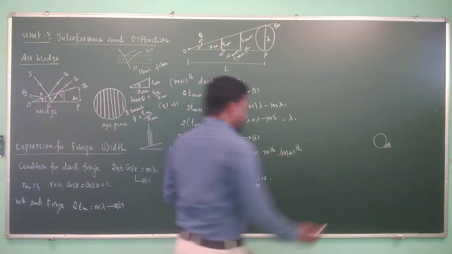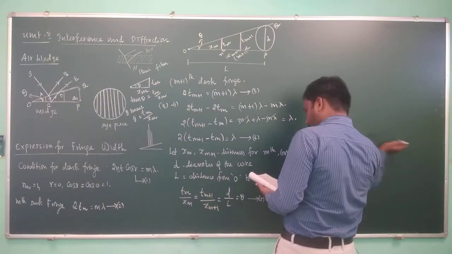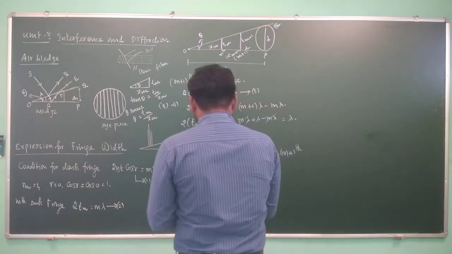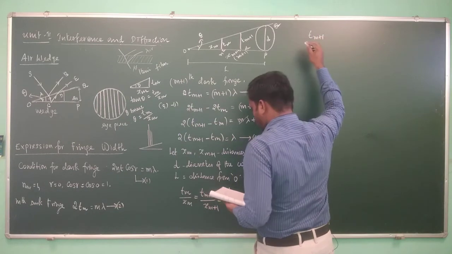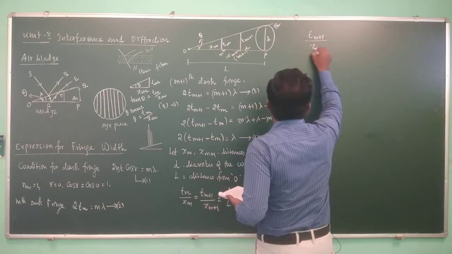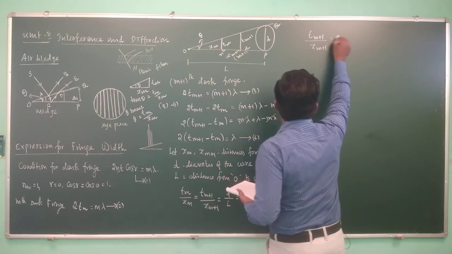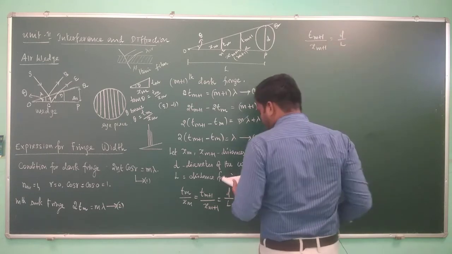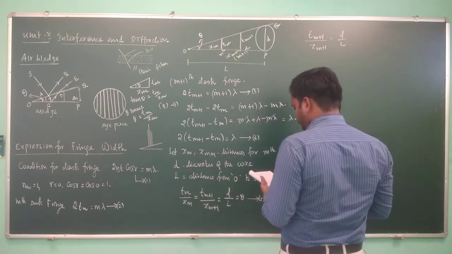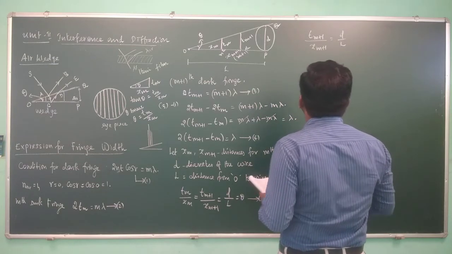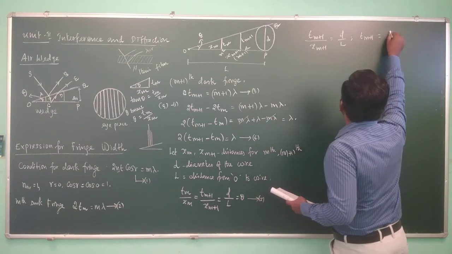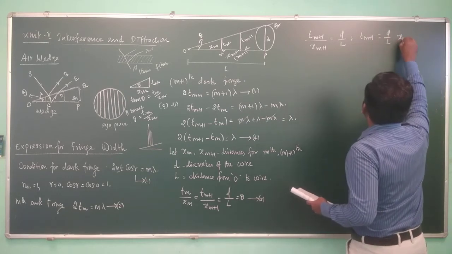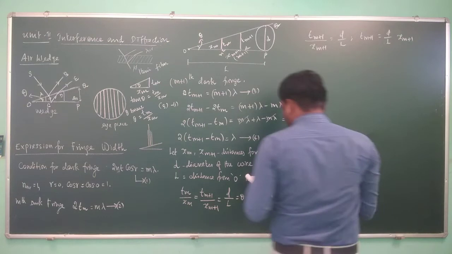Now let us consider Tm plus 1 by xm plus 1, which is equal to D by L. Or we can write Tm plus 1 equal to D by L into xm plus 1.